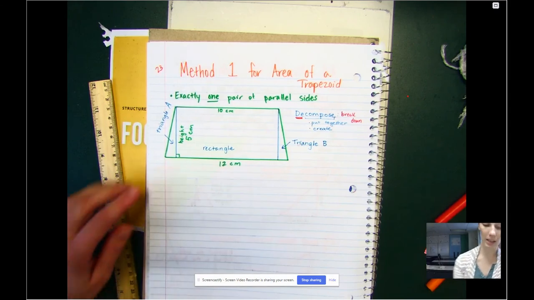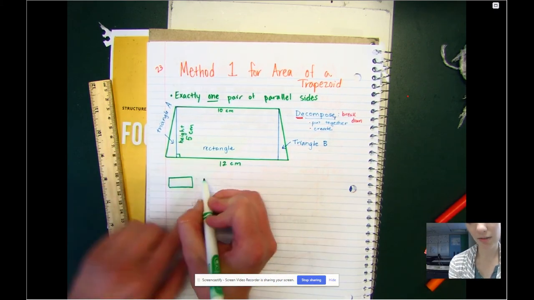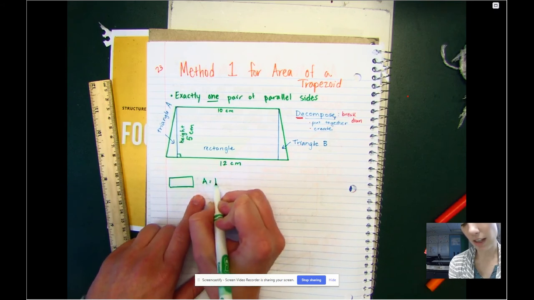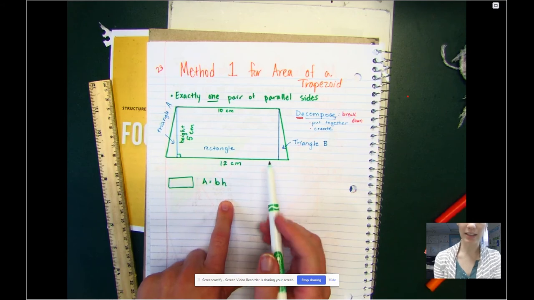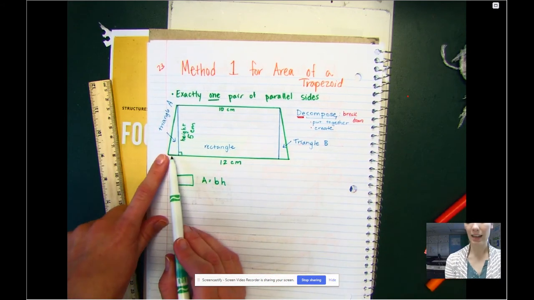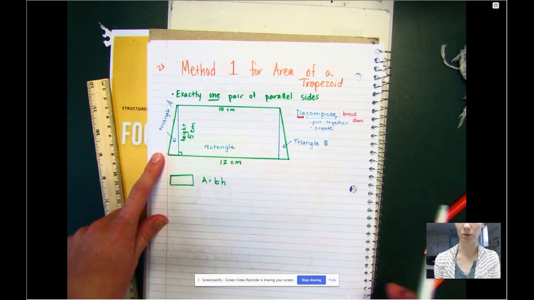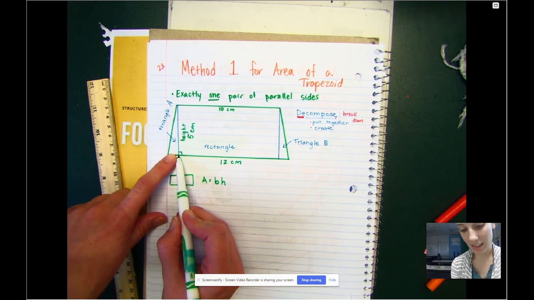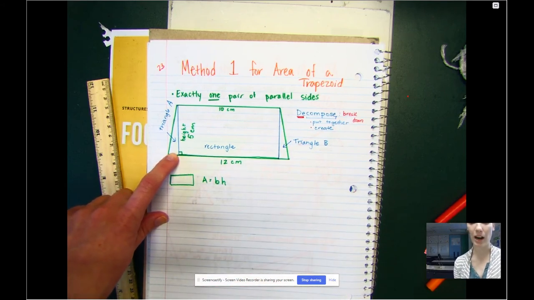So let's start with the easy one. If we take the area of the rectangle, we know the area of a rectangle is base times height. In this case, and be careful here, the base is not 12 centimeters because 12 centimeters is a little too long. The base of my rectangle is just the part between the two triangles.